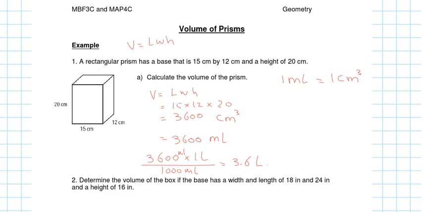The milliliter and the liter are the volume measurements, the actual liquid volume measurements. Inches, and anything that's a distance or a dimension, will be cubed. So it will be cubic inch or inch cube, or cubic feet, because these are measurements of actual distance.